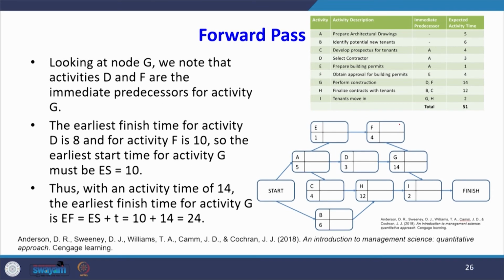Now, look at node G. We note that activities D and F are immediate predecessors for G. What are the earliest finish times for activities F and D?